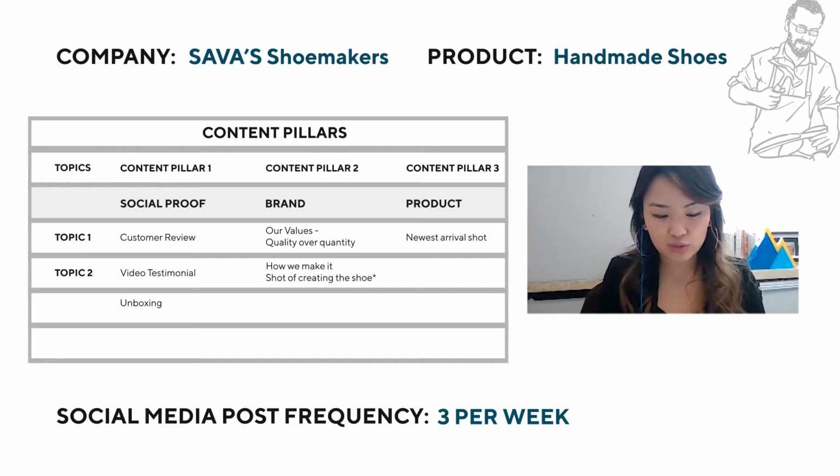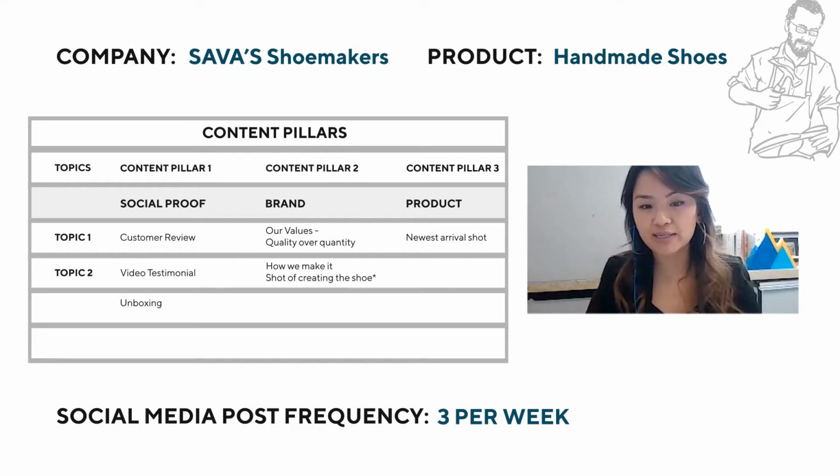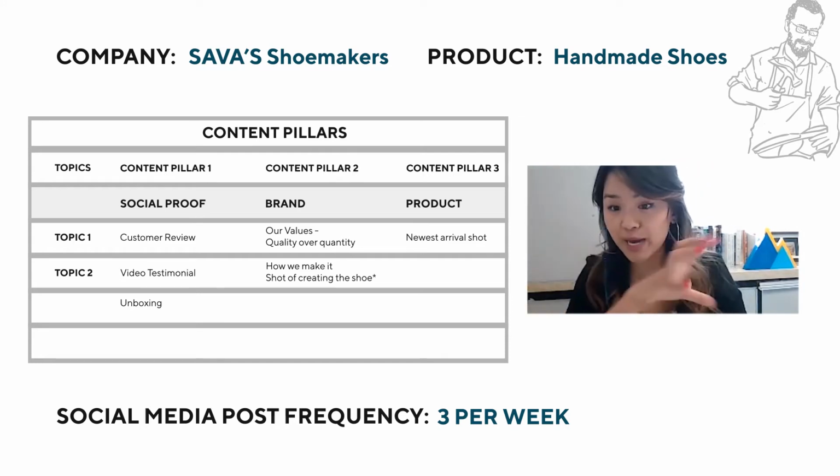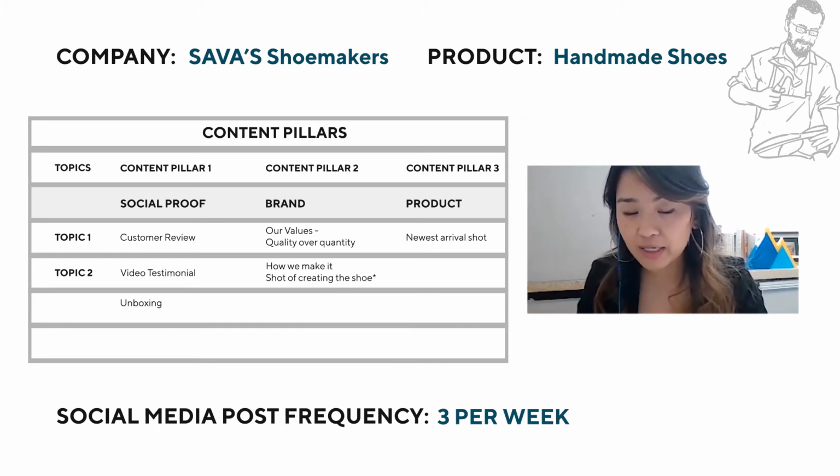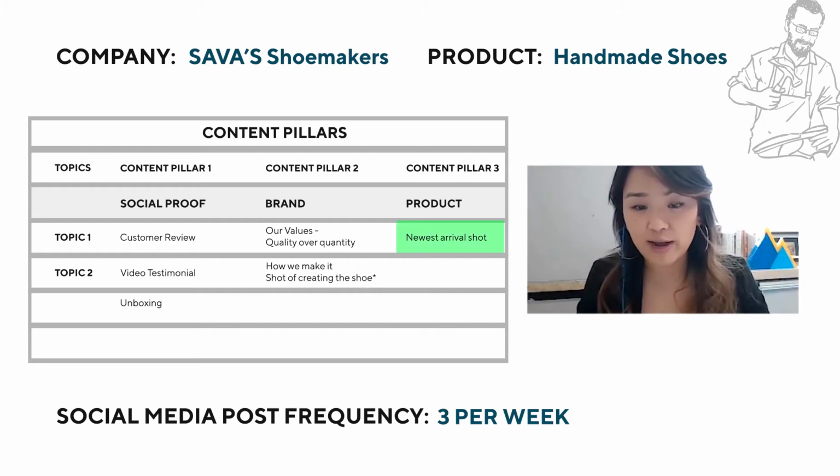Like the love that goes behind the scenes. And for my second topic for product, the first one's the newest arrival shot. The second one can be a lifestyle shot of one of our products. Shoes.